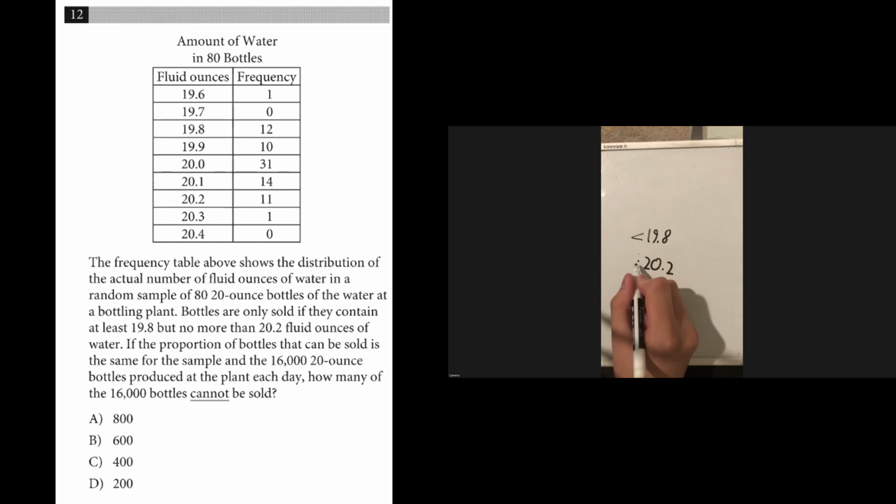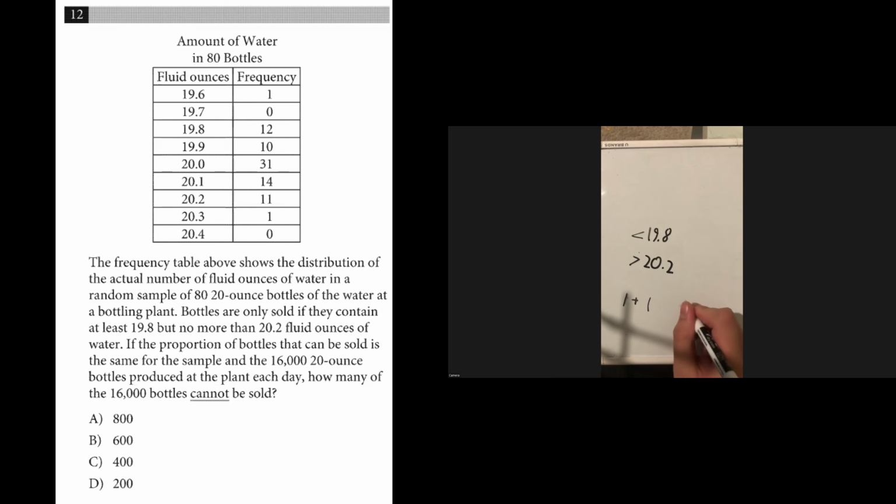It's less than 19.8 or greater than 20.2, which would be the one at 19.6 and the one at 20.3. Those two. So it would be 2 out of the total sample size, which was 80, which means 1 out of 40 bottles cannot be sold.